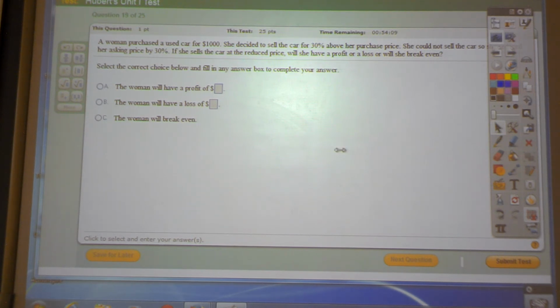So it'll be 1,300 minus 390. Which would be what, 910?